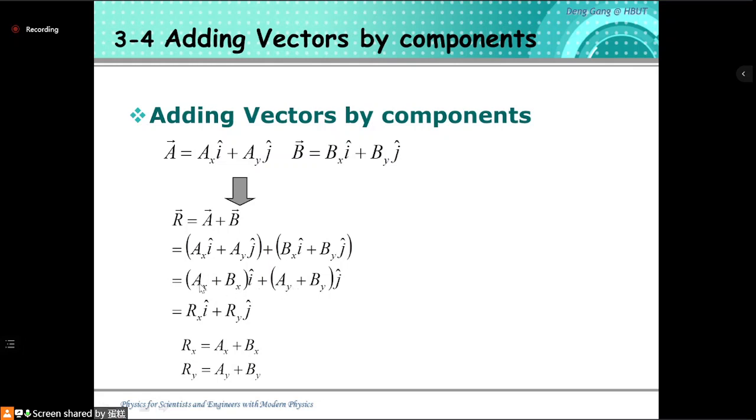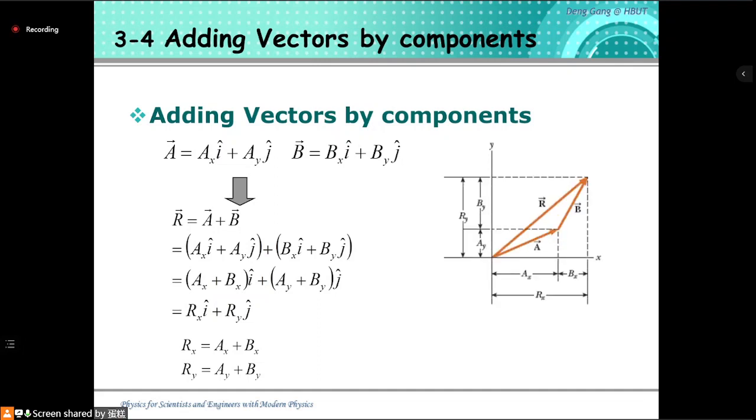So you can see the X component is A_x plus B_x, and the Y component is A_y plus B_y. This is simpler because we do not need a triangle. There's nothing to do with the angles. And it's exactly the same as if you use a triangle.